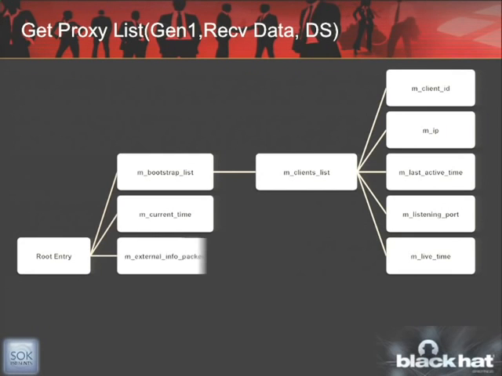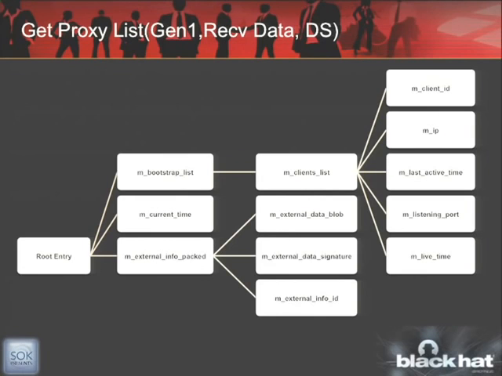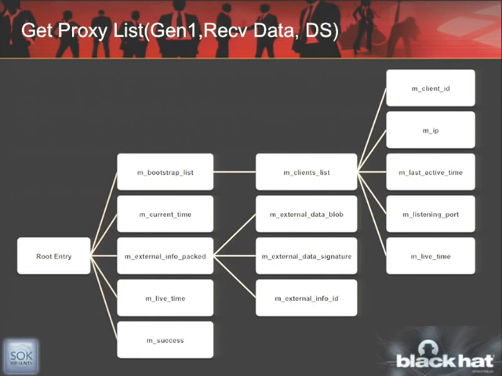And amp quarantine, external info pack, lifetime, and another amp success. As I said before, the most interesting part is under the external info pack. Actually, very important job servers, IP addresses, and listen port are under this part.